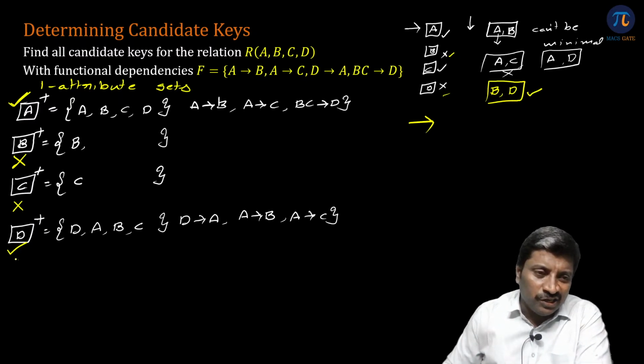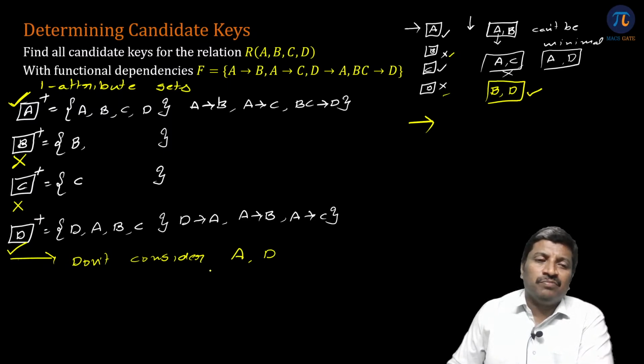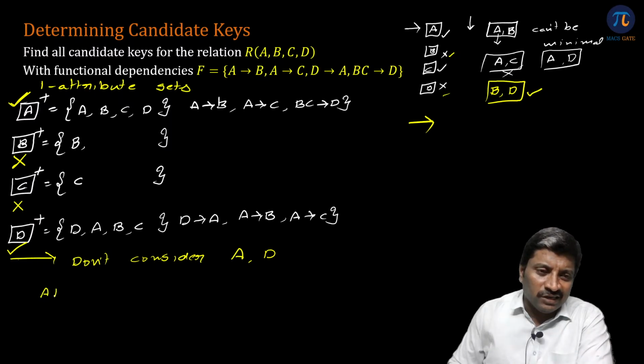So in the next stage, we don't consider A and D. I can consider all these possibilities: AB, AC, AD, BC, BD, CD.